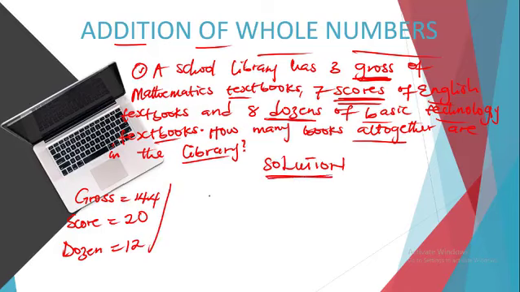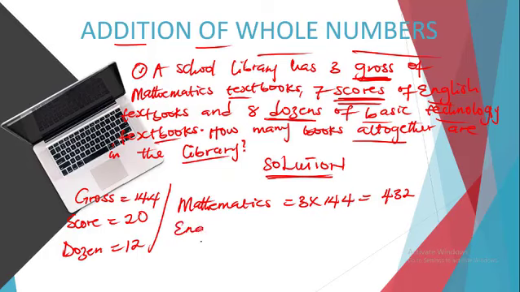Now we go to the question. He said the school has what? 3 gross of math textbooks. So we have mathematics equal to 3 times what? 144, which is the gross, and 3 times 144 will give us 432. Then we have 7 scores of English textbooks.